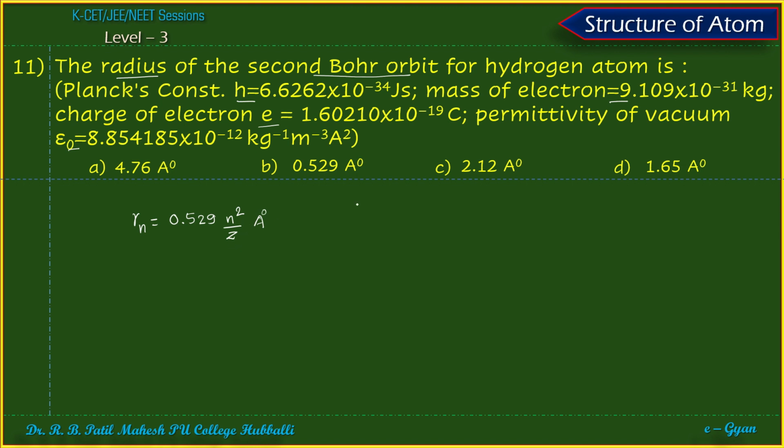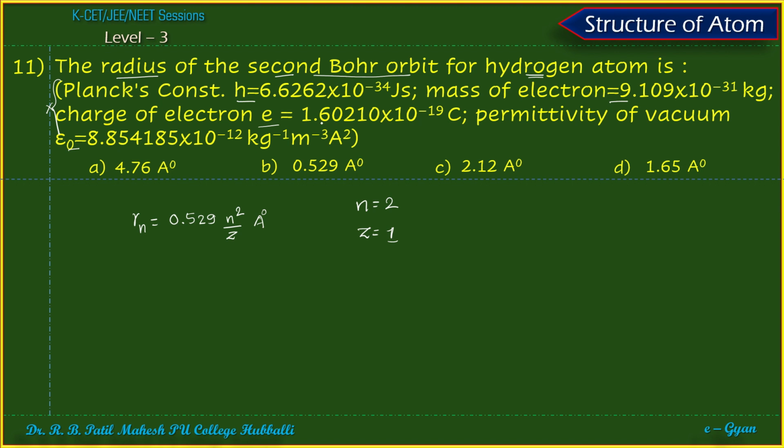What we need is the Bohr orbit and the atomic number of the given atom. Here the hydrogen atom is given, atomic number is 1, and we need the radius of the second Bohr orbit, n equal to 2. The other things which are given are not necessary.